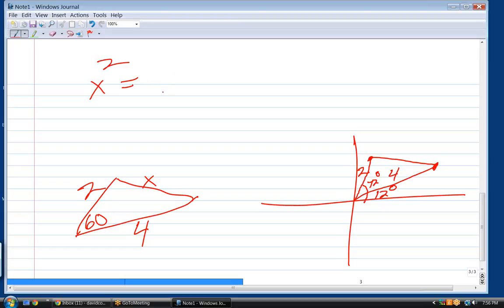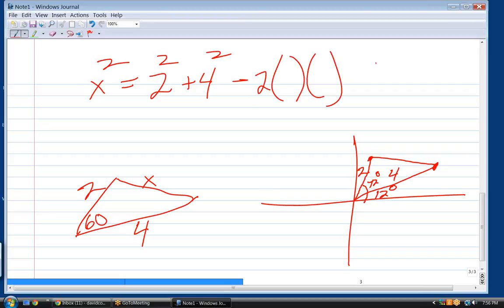Think of it as the Pythagorean theorem with extra stuff. Pythagorean theorem would be 2 squared plus 4 squared. But then we have to subtract off what? What goes here and here? Those two sides, 2 and 4.